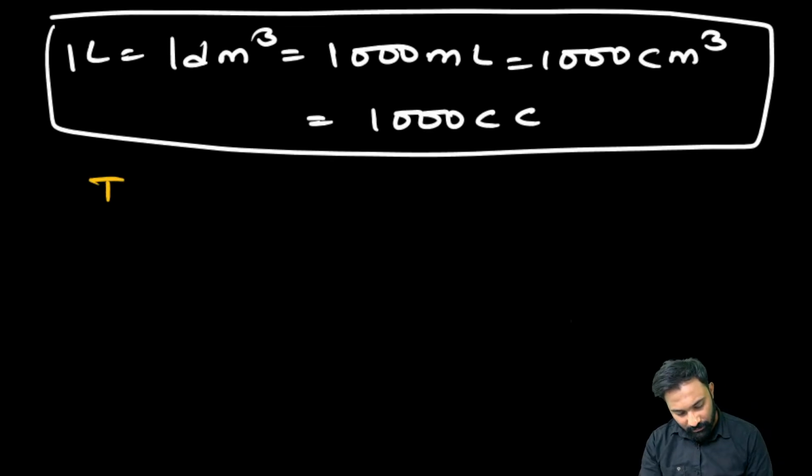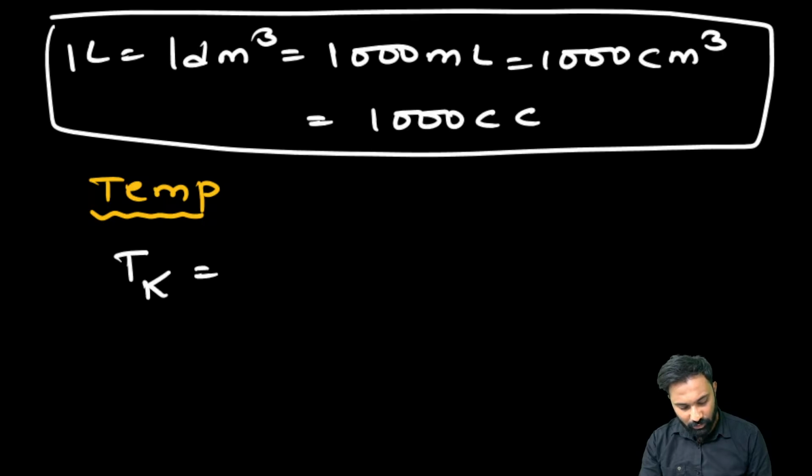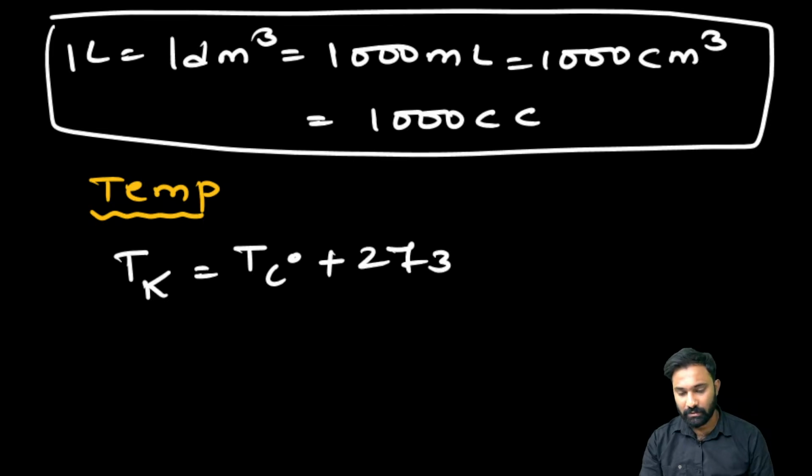Now if the temperature is given, my dear friends, once again I am saying, if the temperature is given in the question, blindly convert that into the Kelvin scale. Sir, how to convert to the Kelvin scale? Temperature in Kelvin is equal to temperature in degrees Celsius plus 273, right?